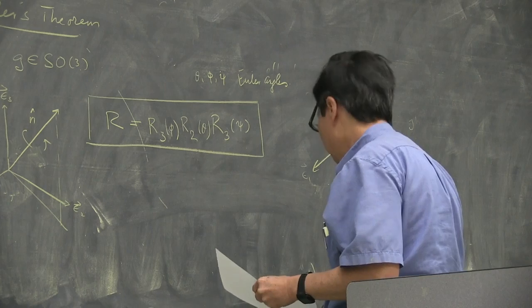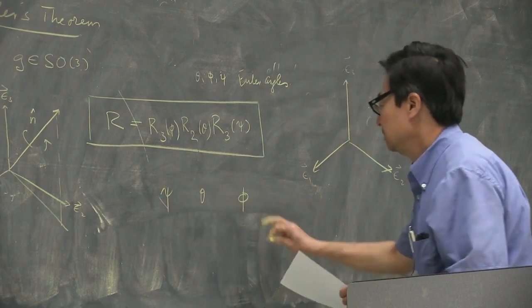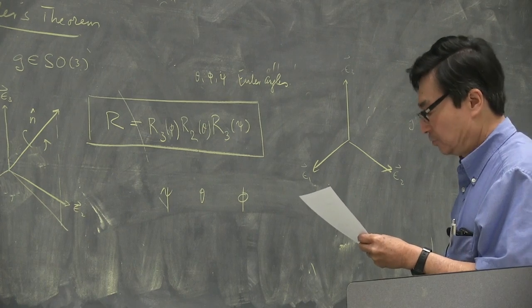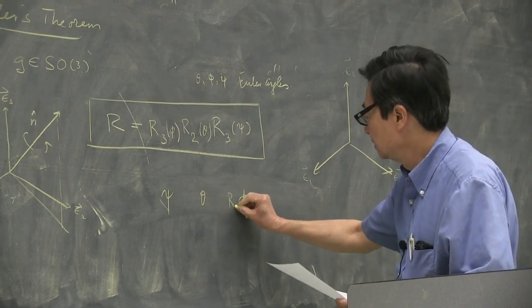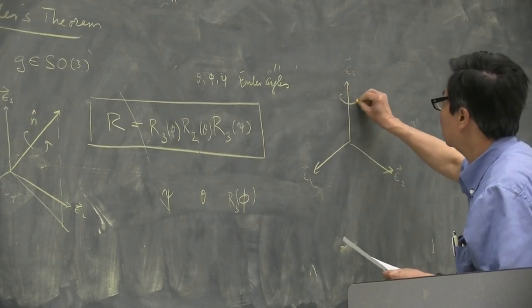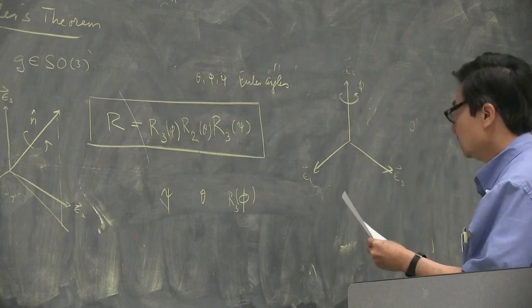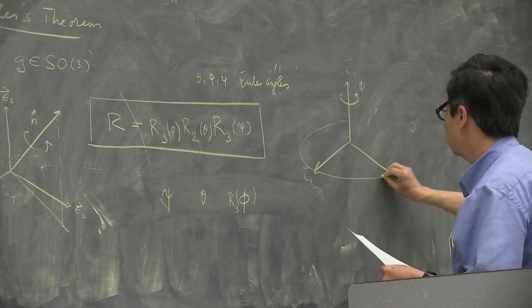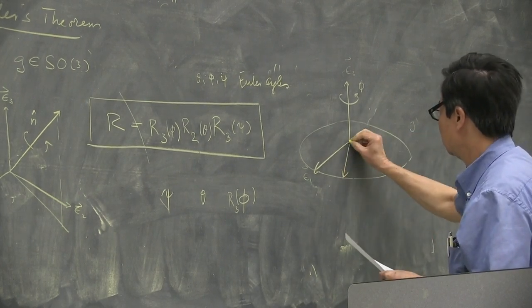You take phi first, you always write this one first, and then you take theta, and then you take psi. Which one is this? This one is rotating with respect to the third axis by the angle phi. So you rotate this by the angle phi. And so I'm going to draw a circle like that, okay? So you end up with a new system, right?